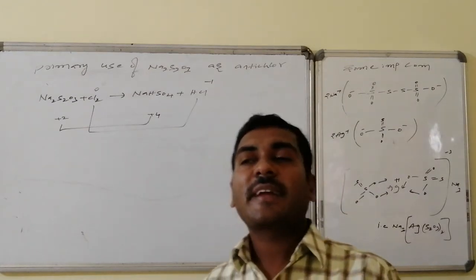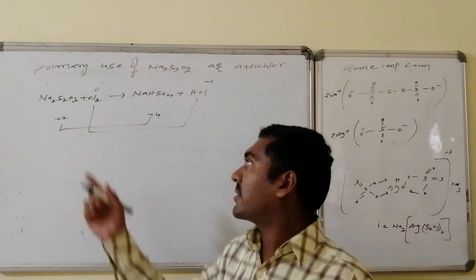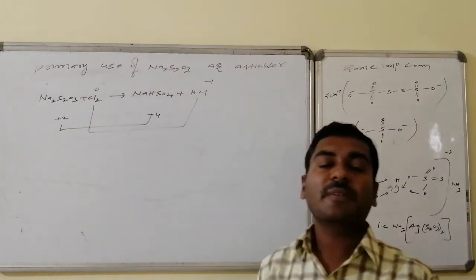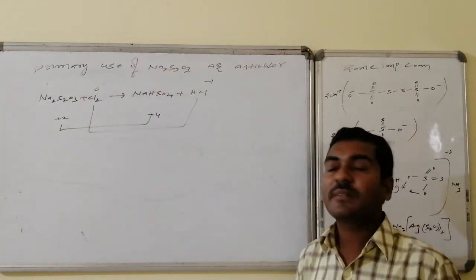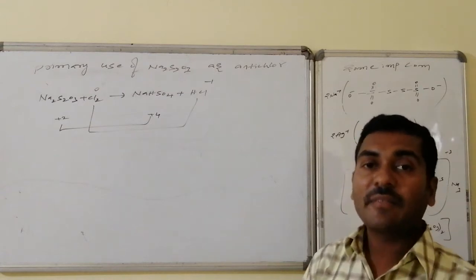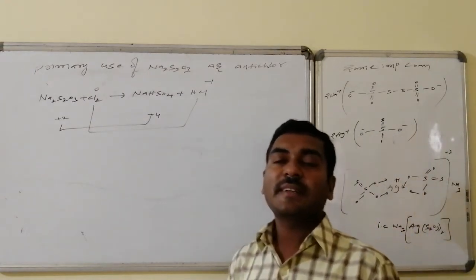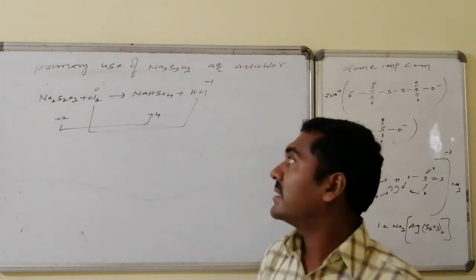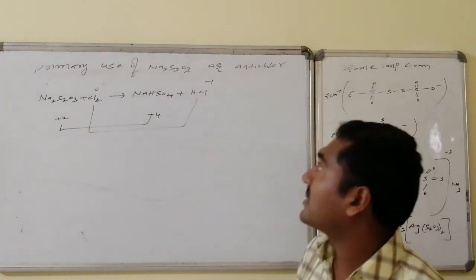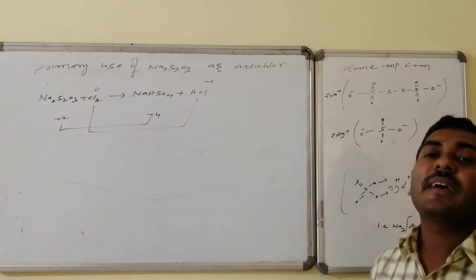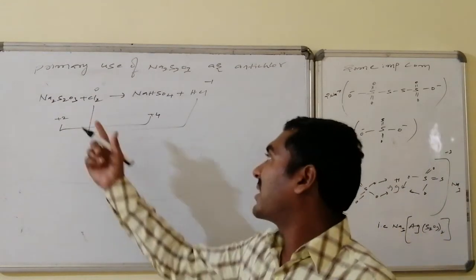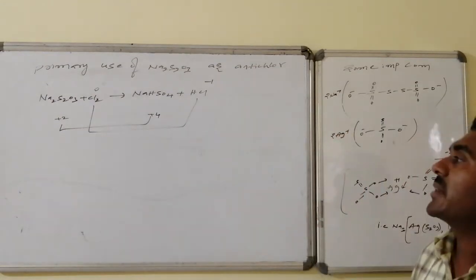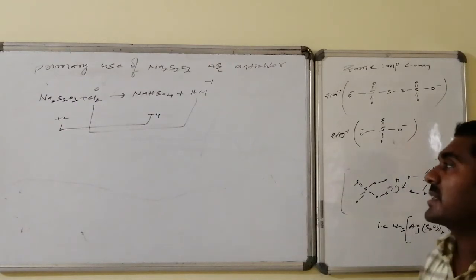Sodium thiosulfate, on reaction with chlorine, undergoes oxidation and is converted to sodium bisulfate, followed by HCl formation, and that HCl is removed on washing with water. Thus, the main and primary function of sodium thiosulfate is as an anti-chlor. In the anti-chlor reaction, sodium thiosulfate reacts with chlorine, where chlorine is present in zero oxidation state.